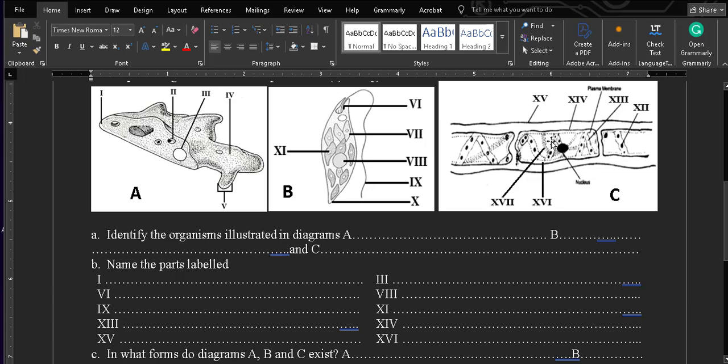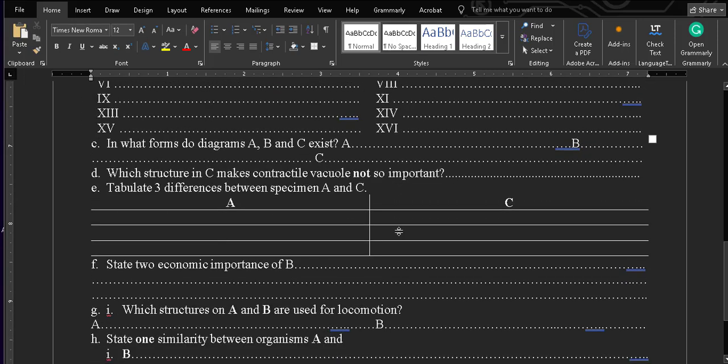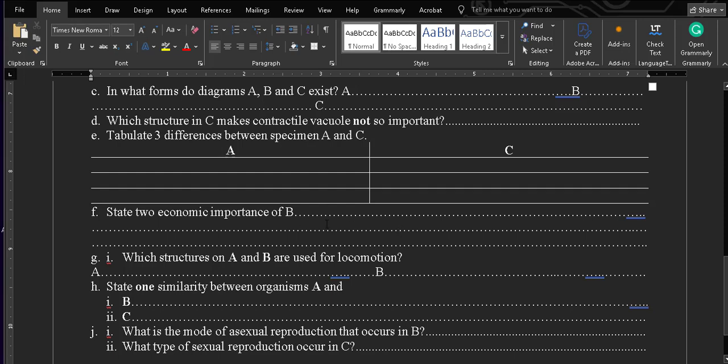That's the nucleus, which is centrally placed in C. It's not so in A. In A it can be found almost all over the place due to the nature of the amoeba cell, being able to assume any shape, any form at any time. So the nucleus is likely to be almost anywhere in the amoeba at any time. All right, so what else do we have? I think we've talked about most of the differences.